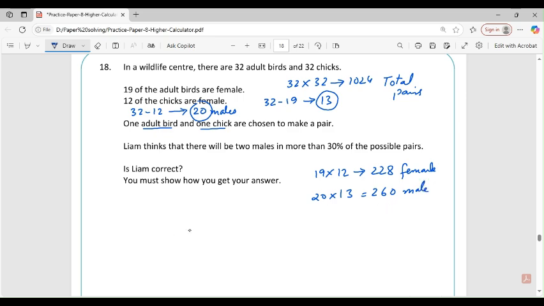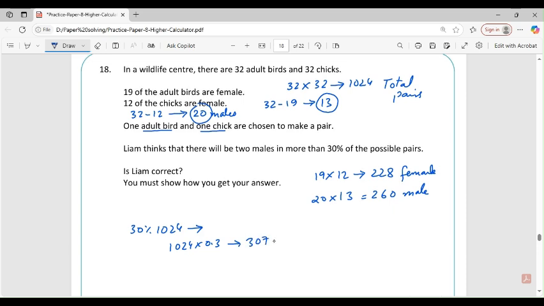Now, to check Liam's answer, it's saying 30% of 1024. Once you do the calculation of 1024 times 0.3, it should give you 307.2, which is what Liam thinks.